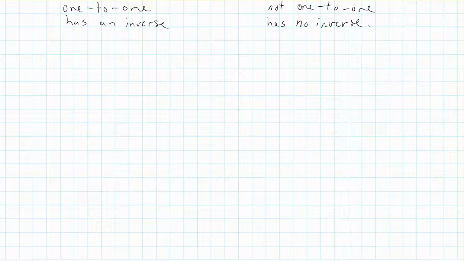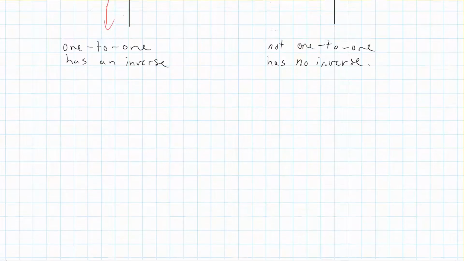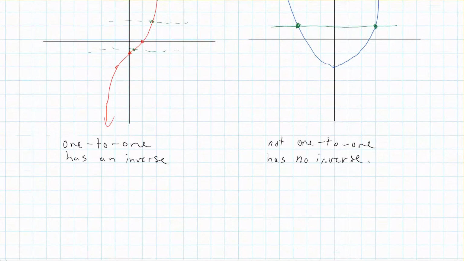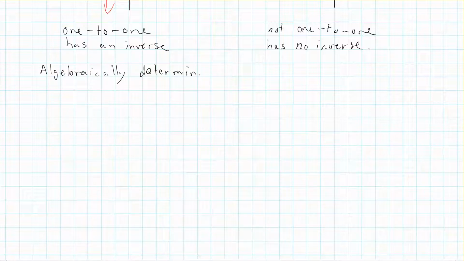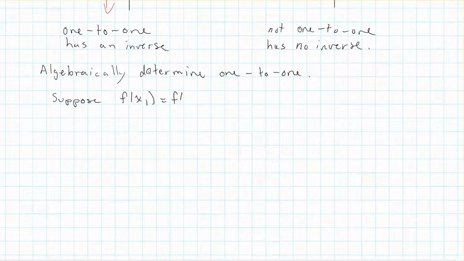Okay, so how do we do this algebraically? Well, let's look at both of these. Let's look at the x cubed minus 1 example here. What we do to algebraically determine 1-to-1 is we suppose f at x1 equals f at x2.